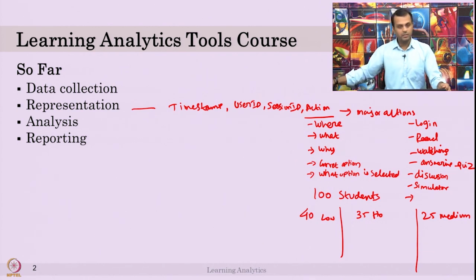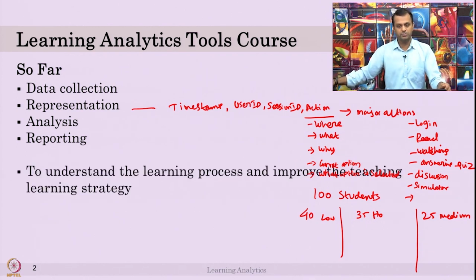Okay. Then after reporting, the whole idea is to understand the learning process and improve the teaching-learning strategy. This is what the learning analytics definition I talked about in the week 1 lecture is. If you remember, learning analytics is to measure, collect, report, and analyze data in the context of students working on it, in order to improve students' learning.